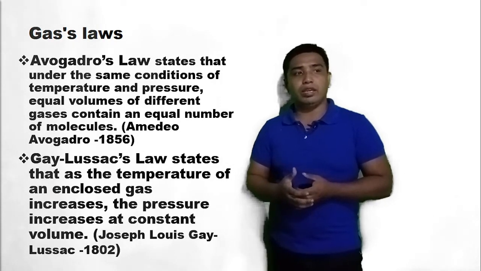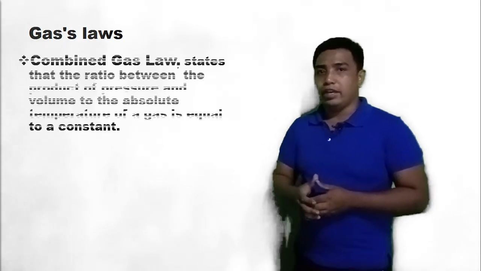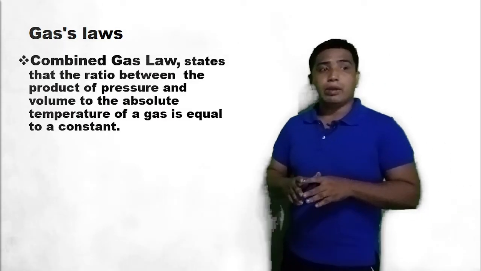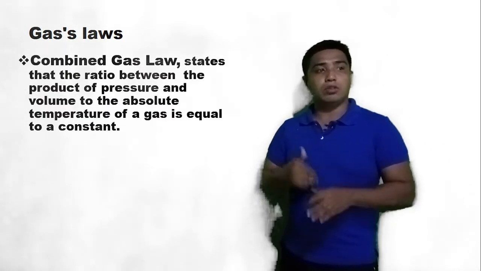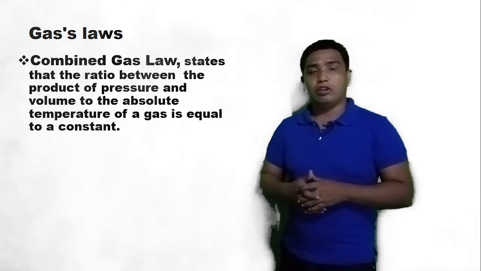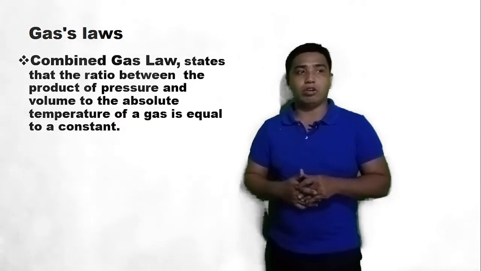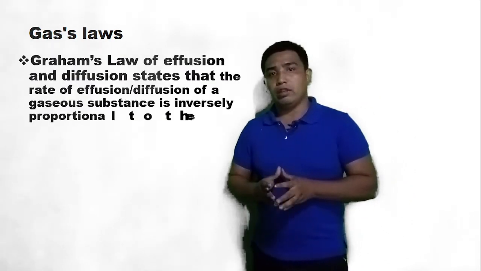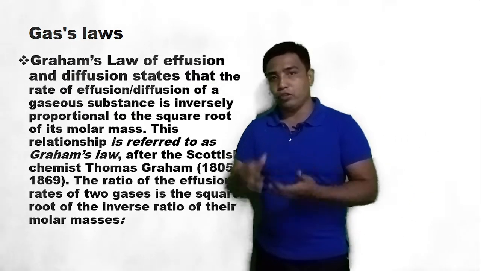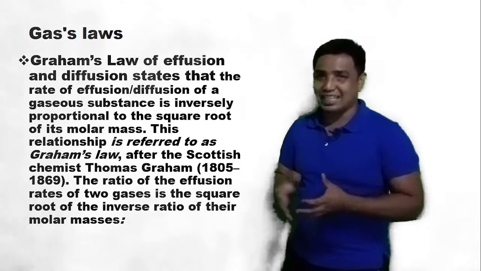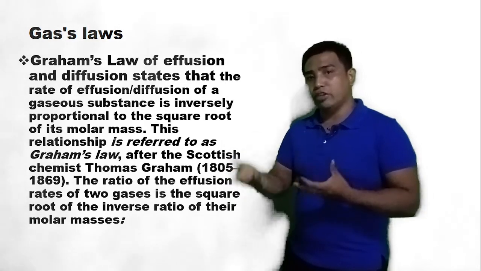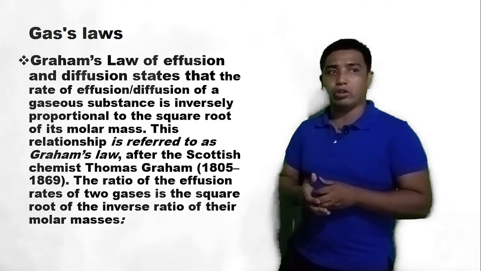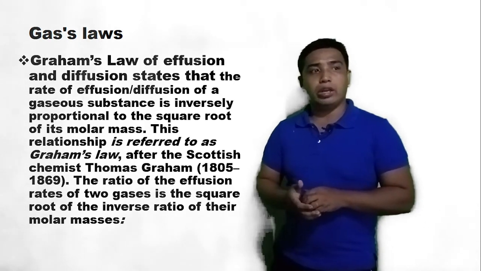And next, we have the combined gas law, which states that the ratio between the product of pressure and volume to the absolute temperature of an ideal gas is constant. Next, we have Graham's law of effusion and diffusion, which states that the rate of effusion and diffusion of gases is inversely proportional to the square root of its molecular mass.